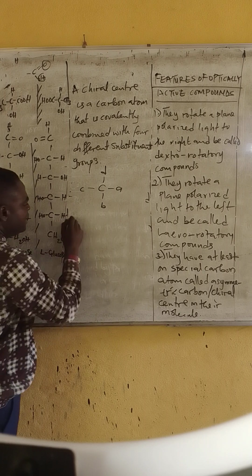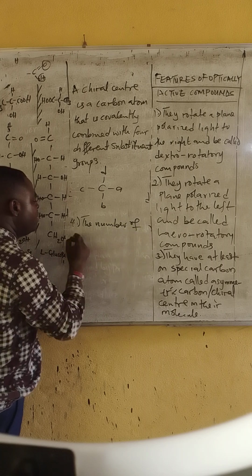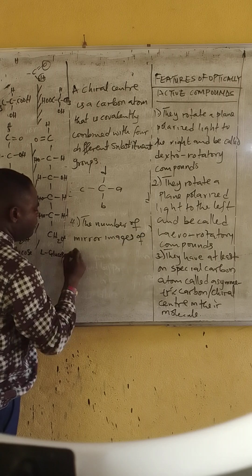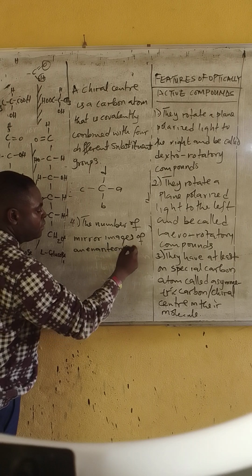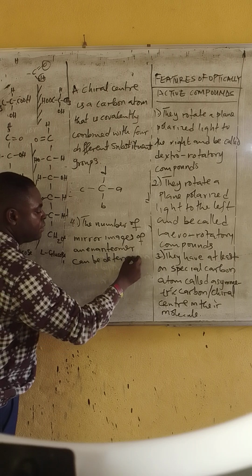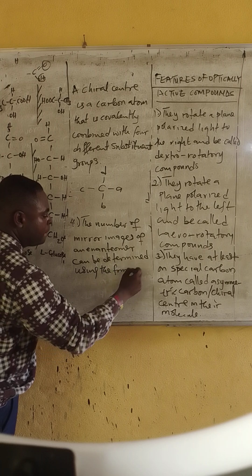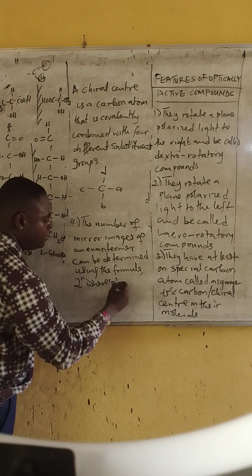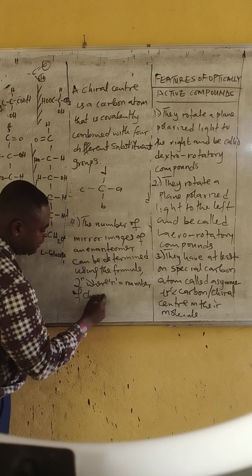So from here, another thing is that the number of mirror images of an enantiomer can be determined using the formula 2 raised to power n, where n equals the number of chiral centers.